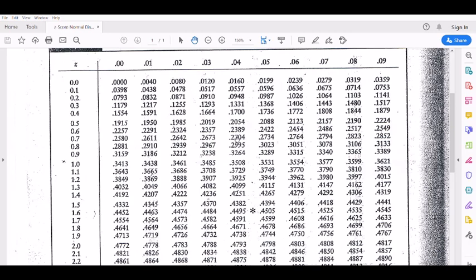0.3210. So 0.3s I'm seeing here, 0.3212, 0.3186. 3210 is definitely closer to this guy, which would be 0.9 to the left and 2 up top, so that'd be 0.92.